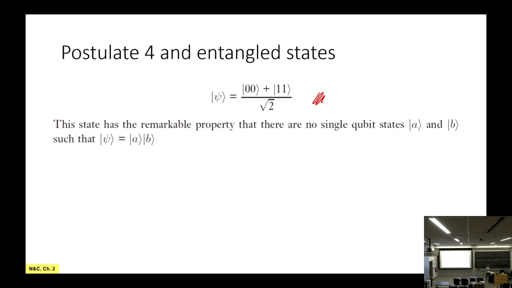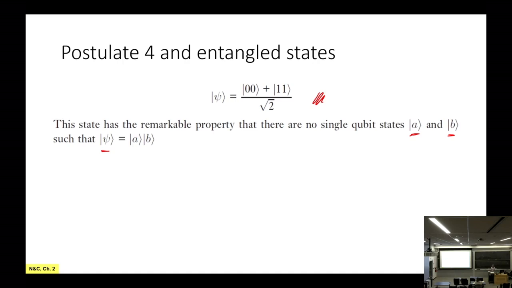What's cool about this entangled state is that there's no single qubit states, A and B, such that this new state is equal to the product of A and B. And we can say, in general, that the state of a composite system having this property is an entangled state.